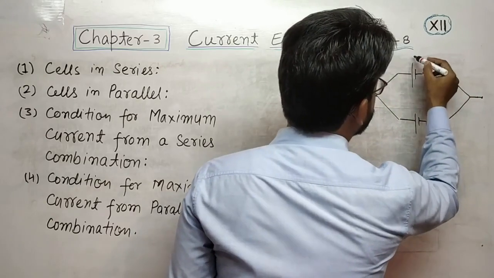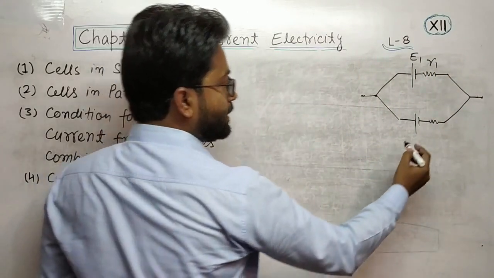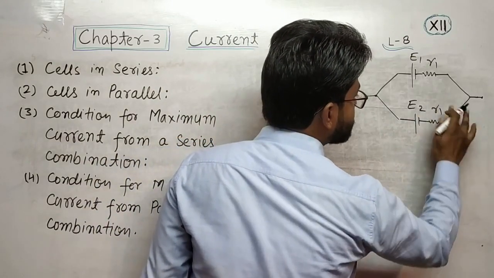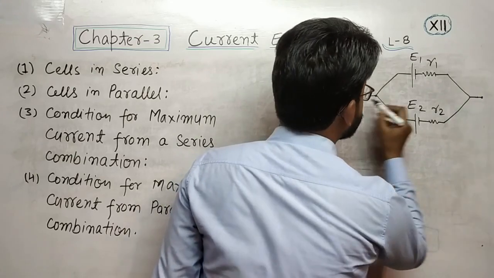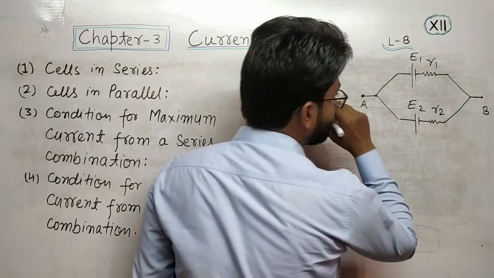These have EMF E1 and internal resistance R1, and this has EMF E2 and internal resistance R2. This is point A, this is point B.